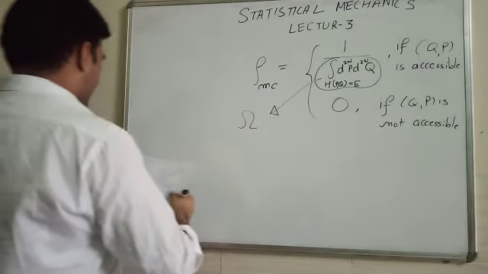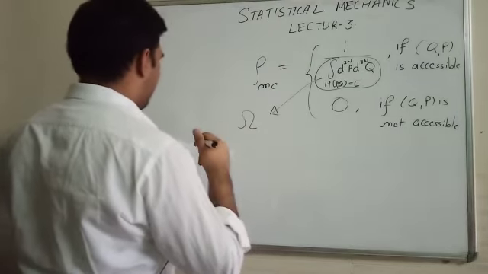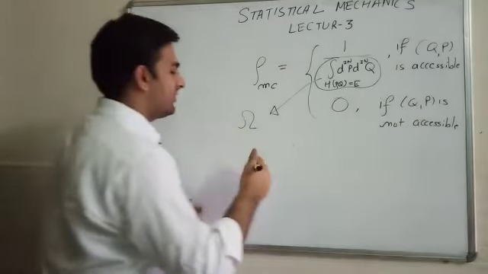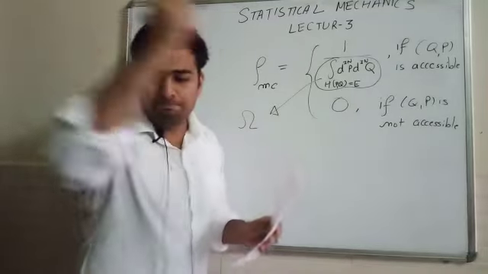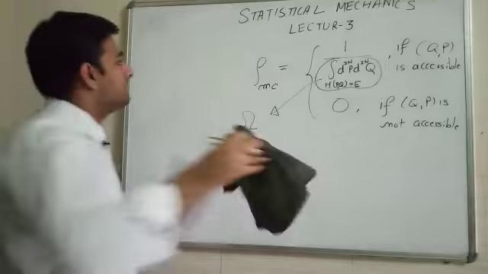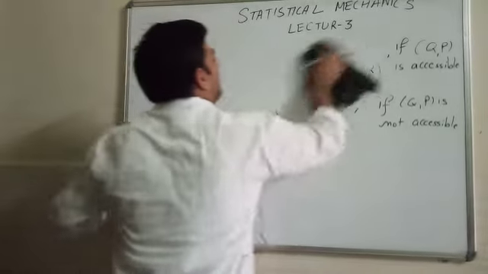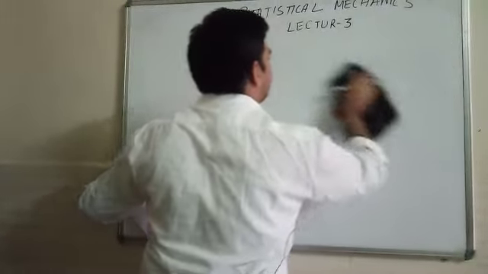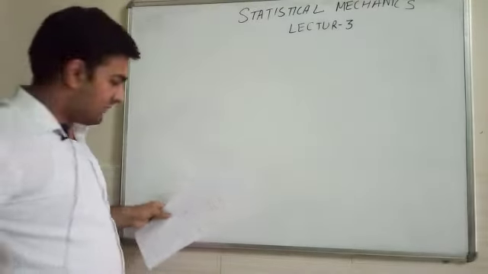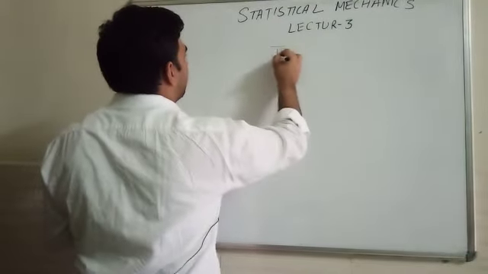Now we will apply the Boltzmann hypothesis to calculate the entropy of an ideal gas. So let's take the ideal gas.